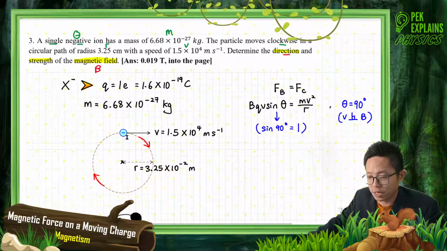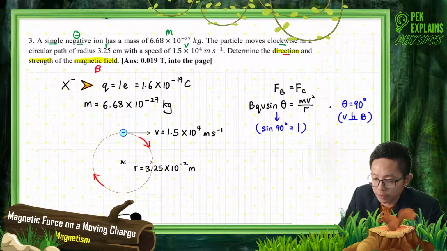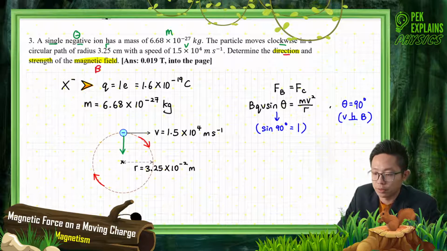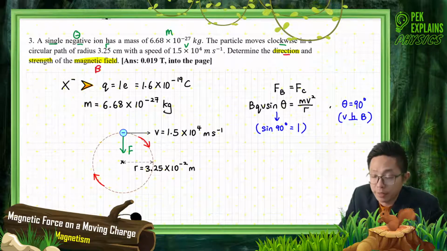In order for this negative charge to turn clockwise, we are pretty sure the force is towards the center of the circle. What kind of force becomes the centripetal force?